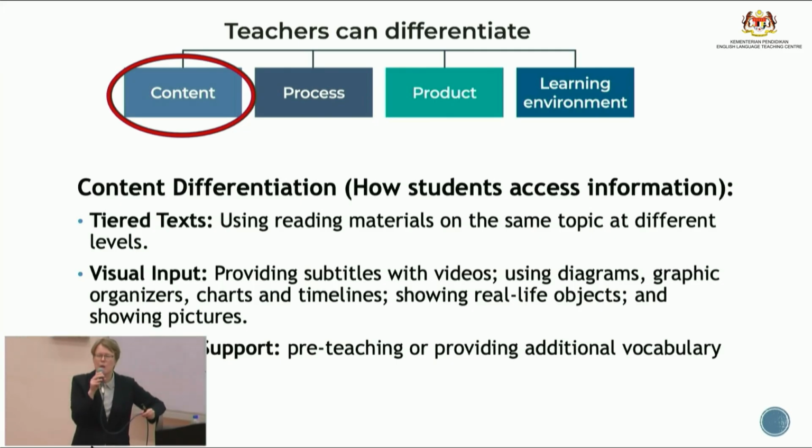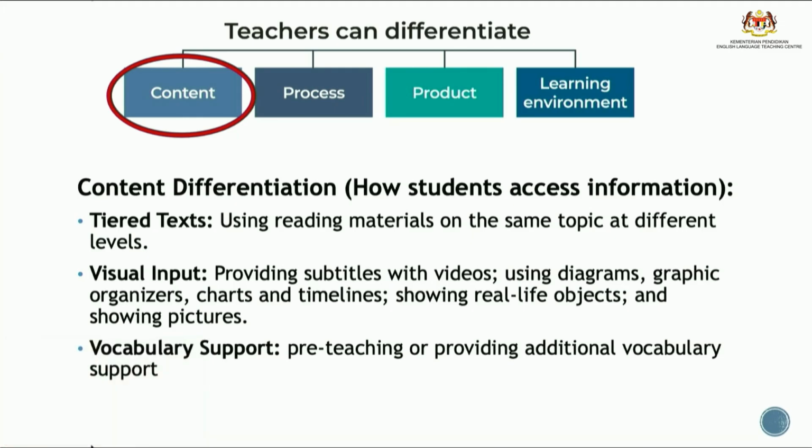So it's the input that you're providing, right? In your instruction, you have to have input, output, feedback, rehearsal, opportunities for all of those things for meaningful language development, okay? So tiered texts is one way of differentiating content.